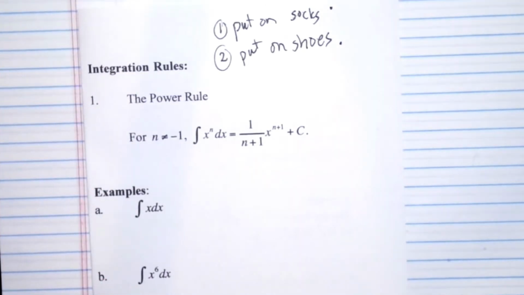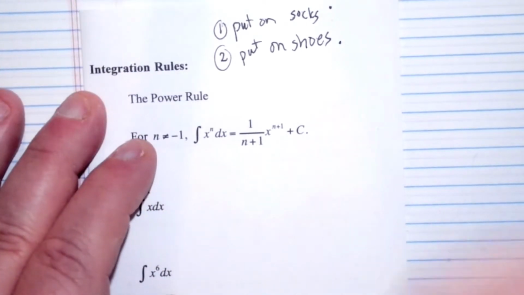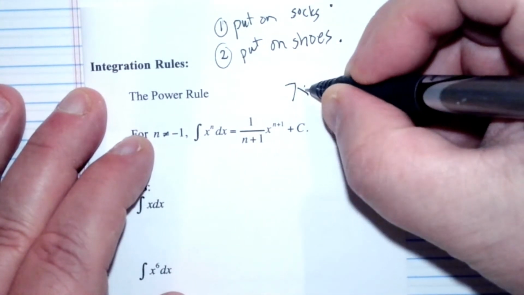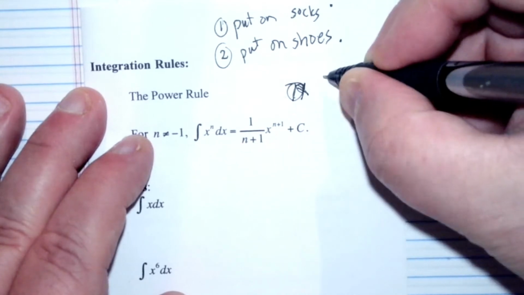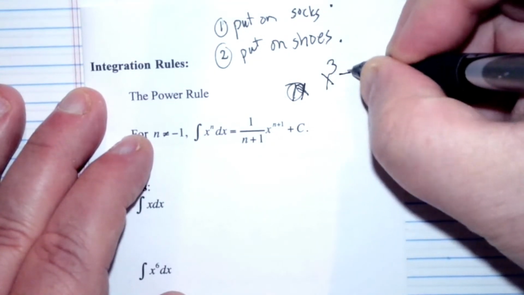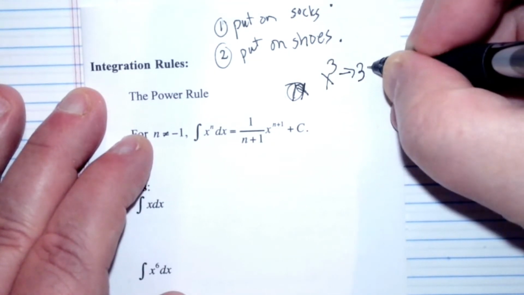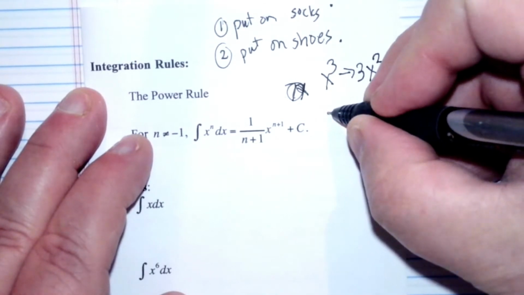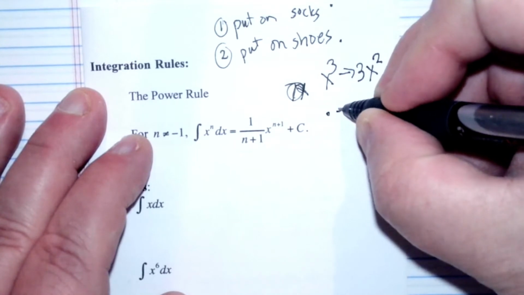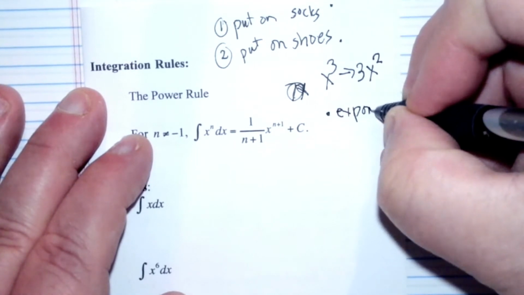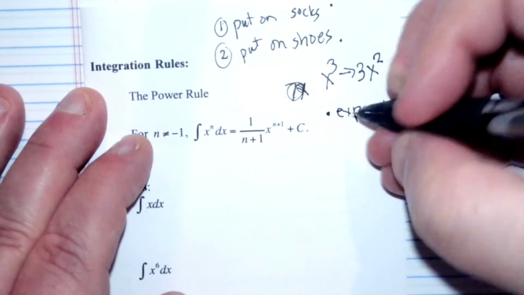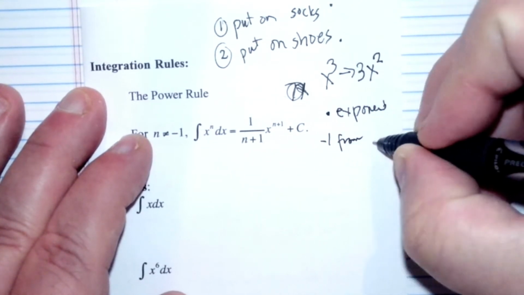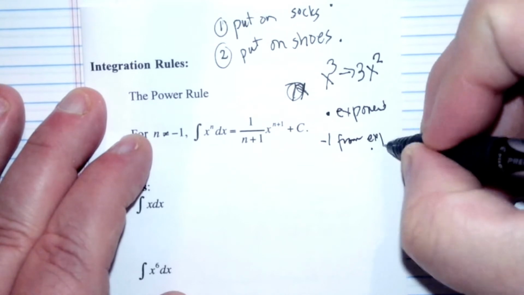So let's think about the power rule for derivatives. What do you do first? If you go from, say, x cubed, you multiply by the exponent, and then you subtract 1 from the exponent.